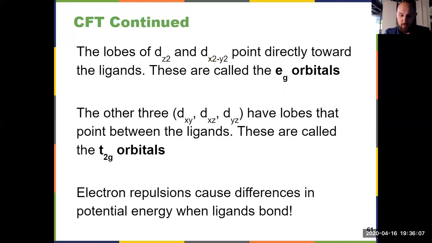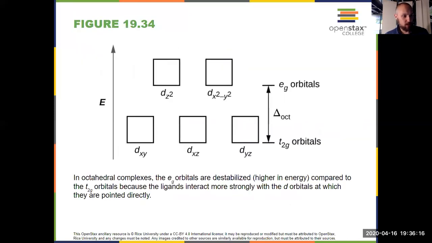And because of the electron repulsions that I've been talking about, there's differences in potential energy. And those guys are named based on their symmetry. And you see the names over here, Eg and T2g. And you see now there's an energy difference between the two, okay? If we look at this energy diagram.